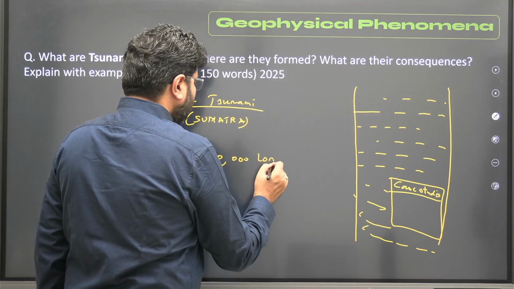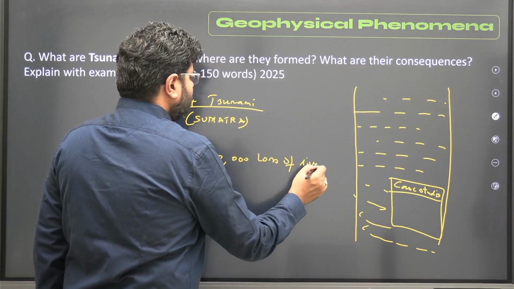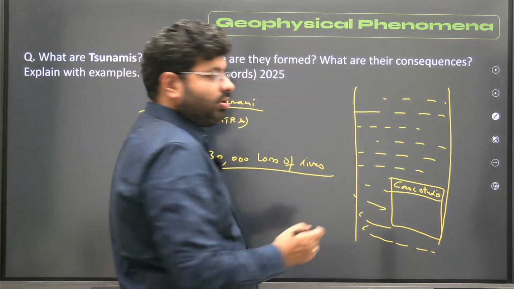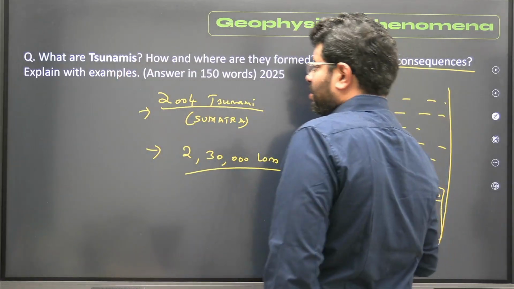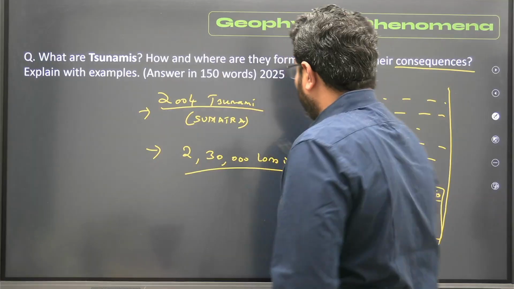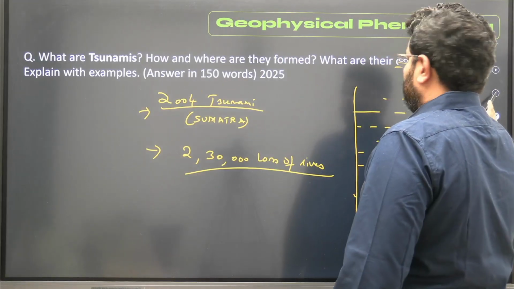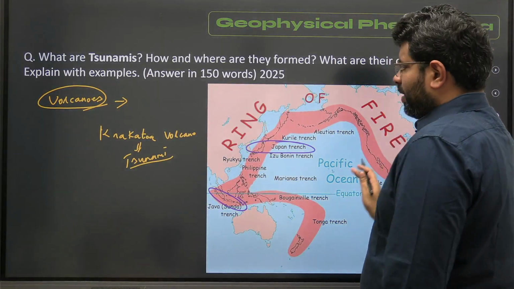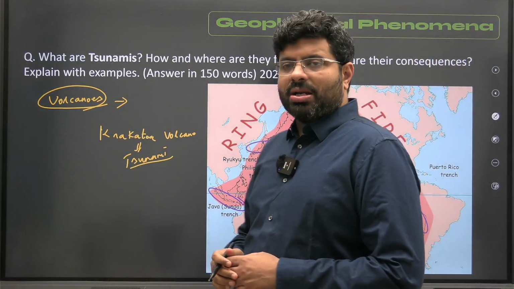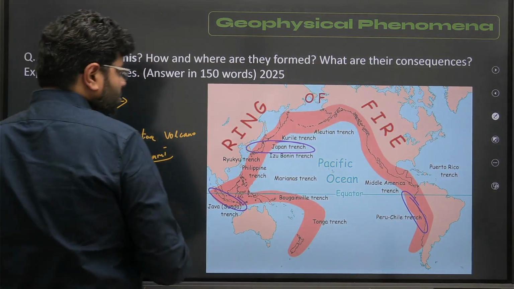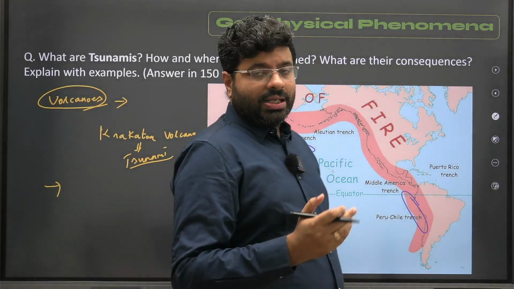So you can talk about that. See, that is the consequence. You can mention that in the consequences. So when you talk about these aspects, primarily earthquakes are major things, volcanoes are major things. You can mention the other aspects where it can lead to tsunamis.